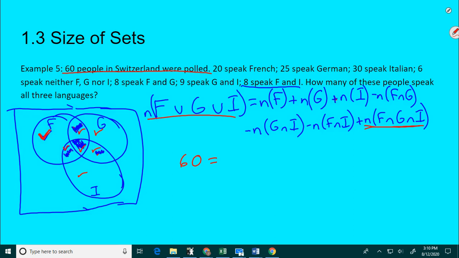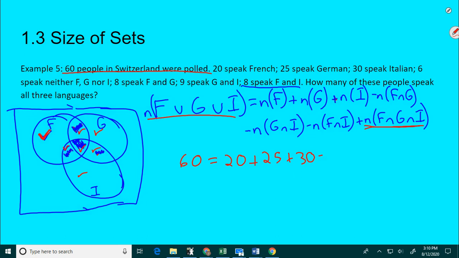So 60 equals, okay, number in F would be 20. So total number in F, plus total number in G, which is 25, plus total number in I, which is 30. Okay, now we start taking out our three intersections.